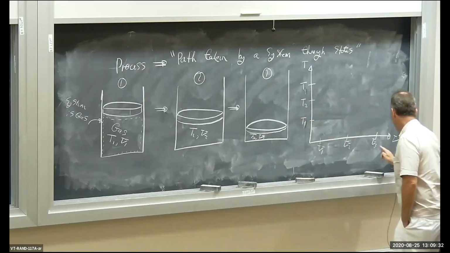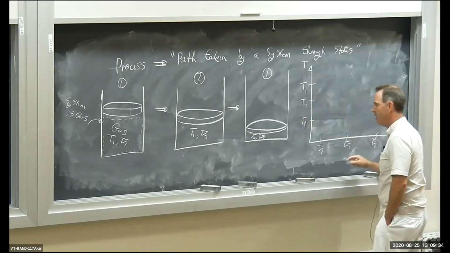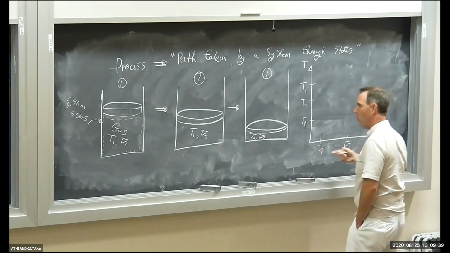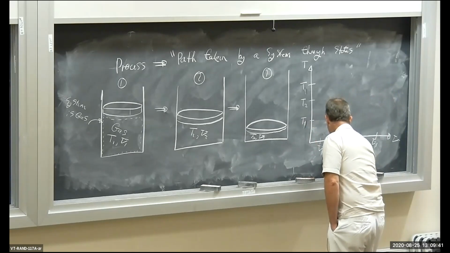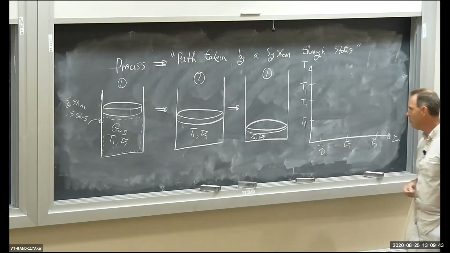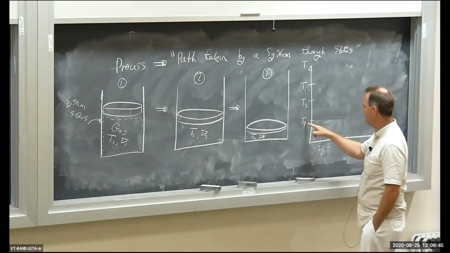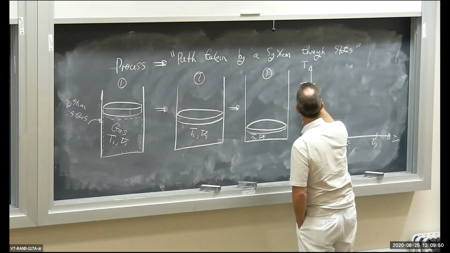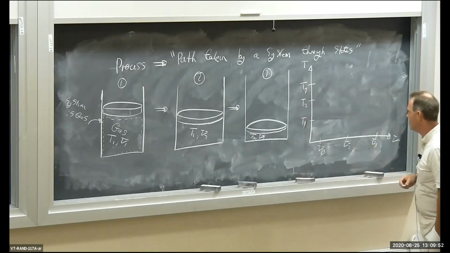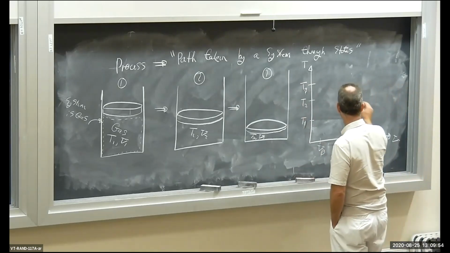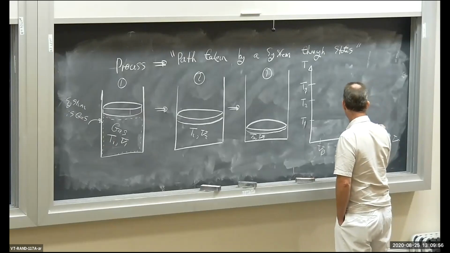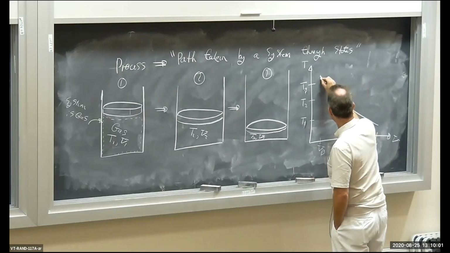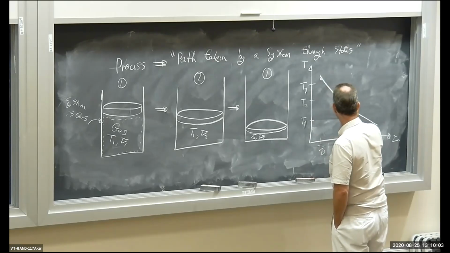I've got this backwards. This is V1. No wonder this is screwed up. This is my initial volume, V1. It's at a maximum. V2, and then V3 is my final volume. Temperature T1, let's say it starts off cool, and then I squeeze it down, and it starts getting warmer. So I can draw the path or the process through these states.